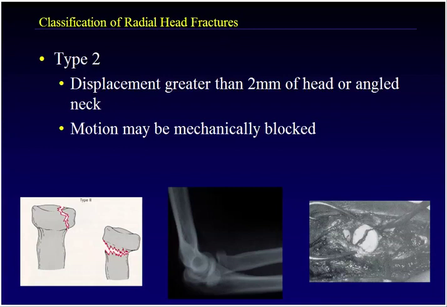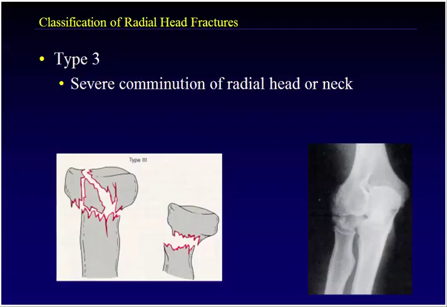Those fractures can have a significant mechanical block to elbow range of motion, as well as potential for post-traumatic arthrosis of the radiocapitellar joint, and could be considered for operative intervention. And then the type 3 fractures are where you have severe comminution with displacement and angulation of the radial head or the neck.